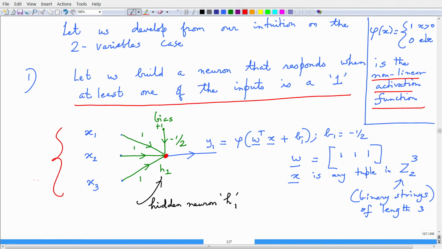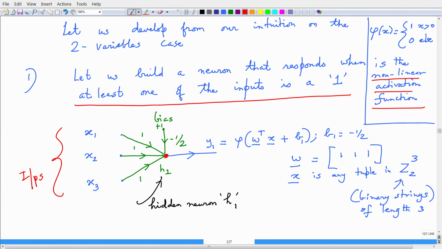Corresponding to these inputs, I have synaptic weights that connect these inputs to the hidden neuron H1. Okay. So, I go with a simple model, therefore, I have all the synaptic weights initialized to 1. So, this weight vector is 1 1 1.